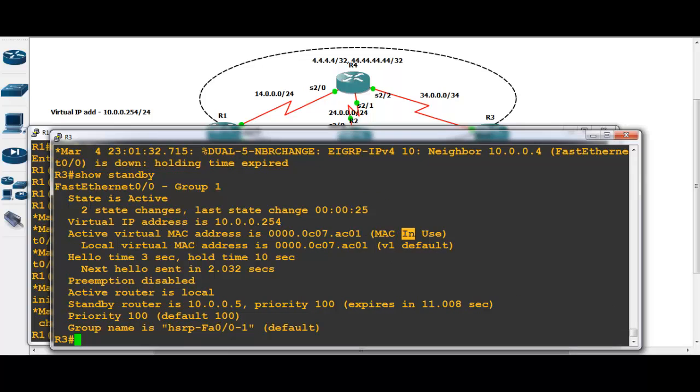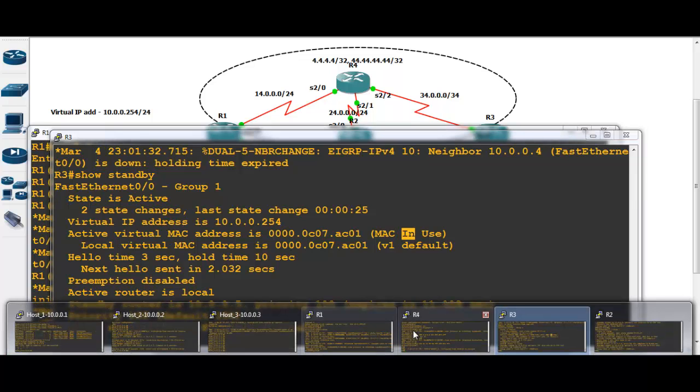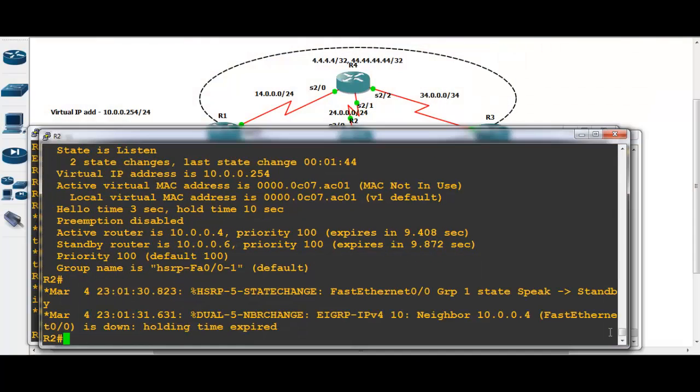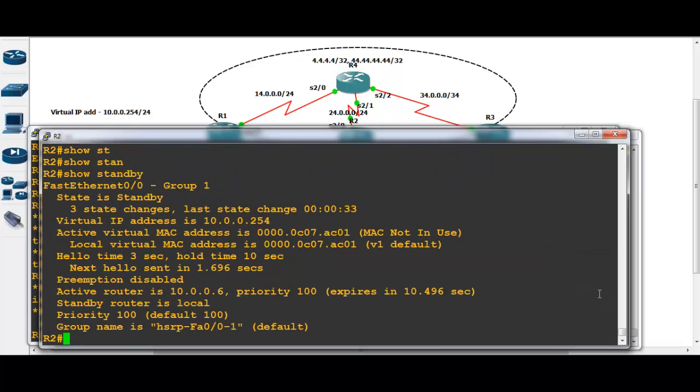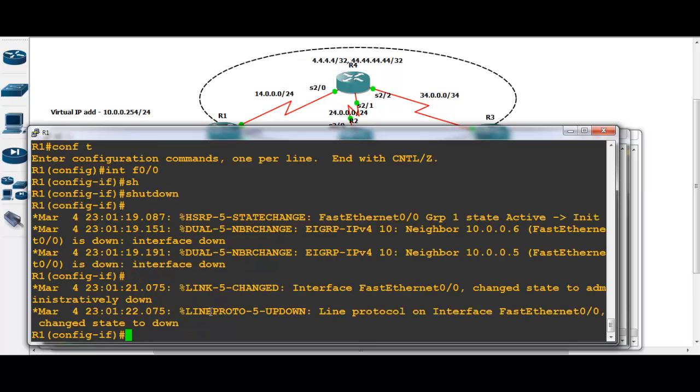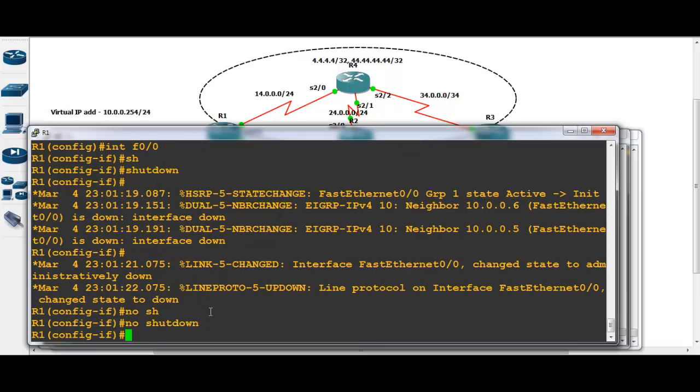Now if I go to router 2, it will be in standby. See, it has moved from listening to speak and from speak to standby. Show standby. Now I see that R2 has become standby. Let us bring R1 up.